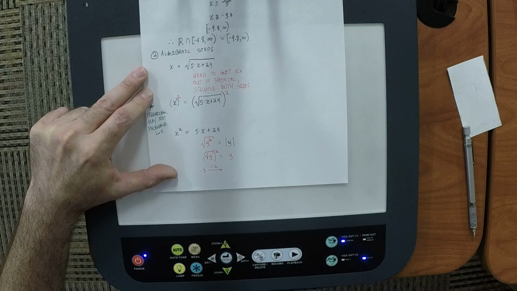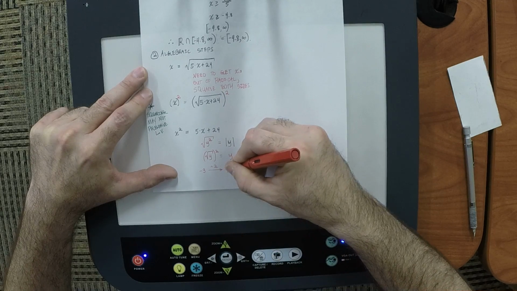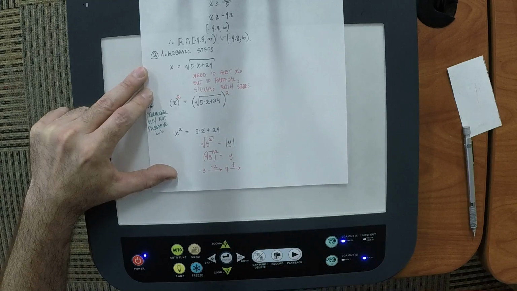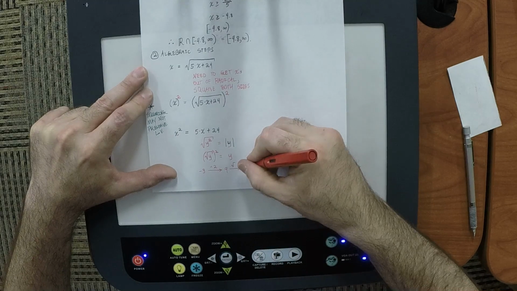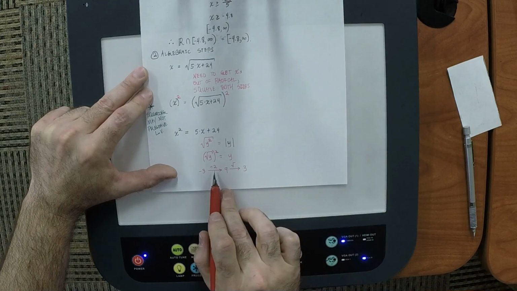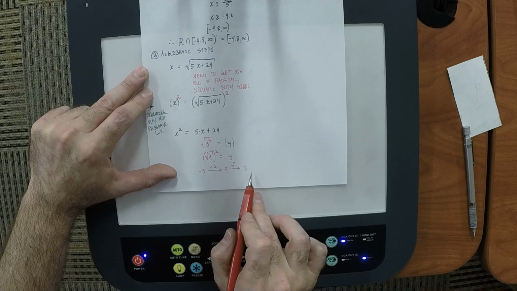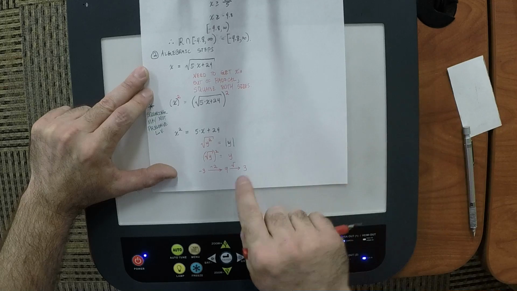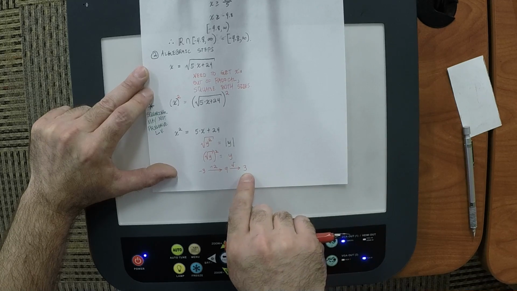What do you get? 9. And then we could follow that up with square root. What do you get? 3. And furthermore, we could just write that as the absolute value of negative 3.